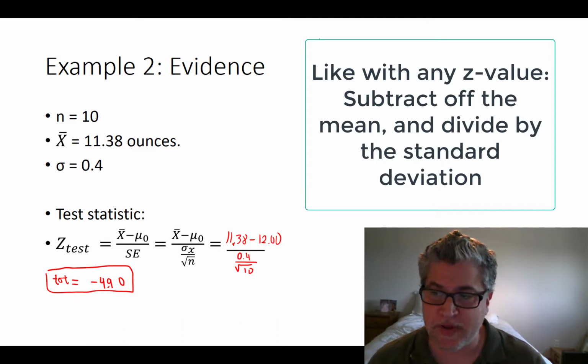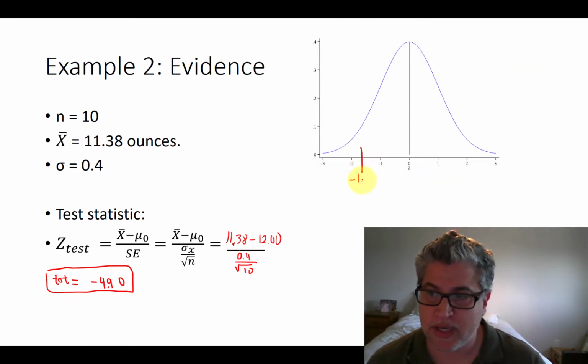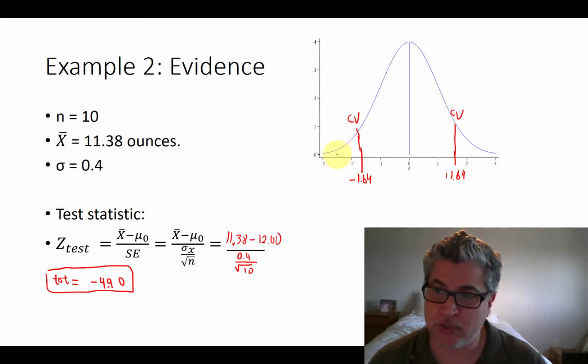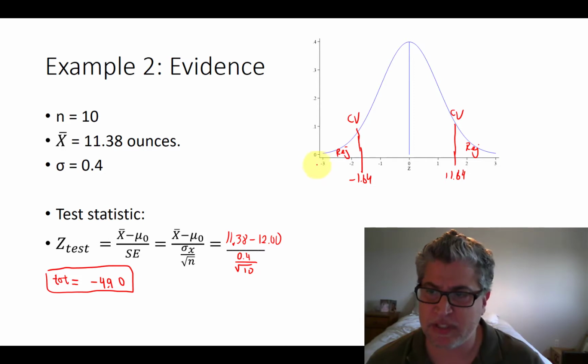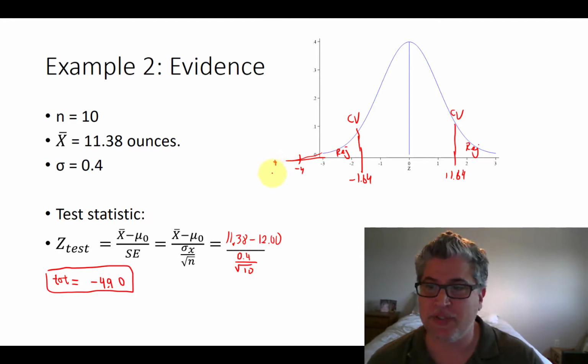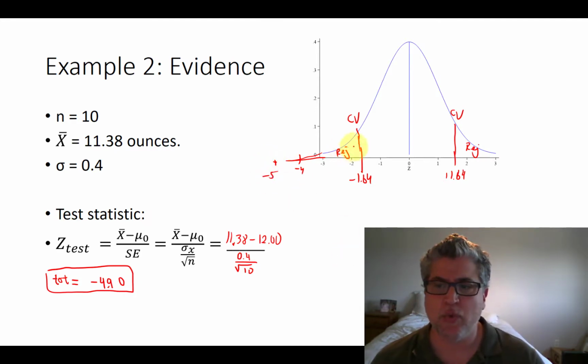Now we said that our critical values were negative 1.64 to positive 1.64. So that was one critical value, and this was another critical value. Rejection regions here and there. Negative 4.9 is way off into the tails. It's almost negative 5. We're way off into the rejection region.